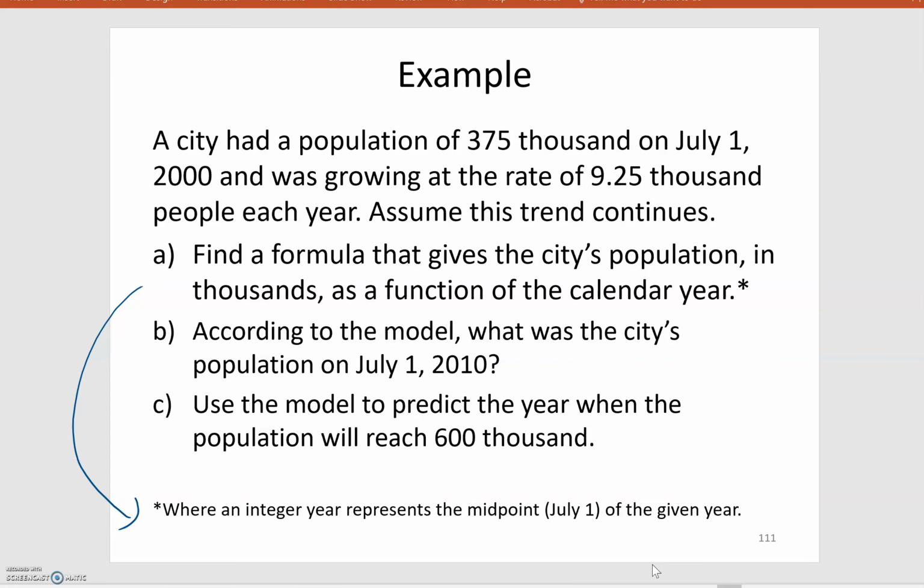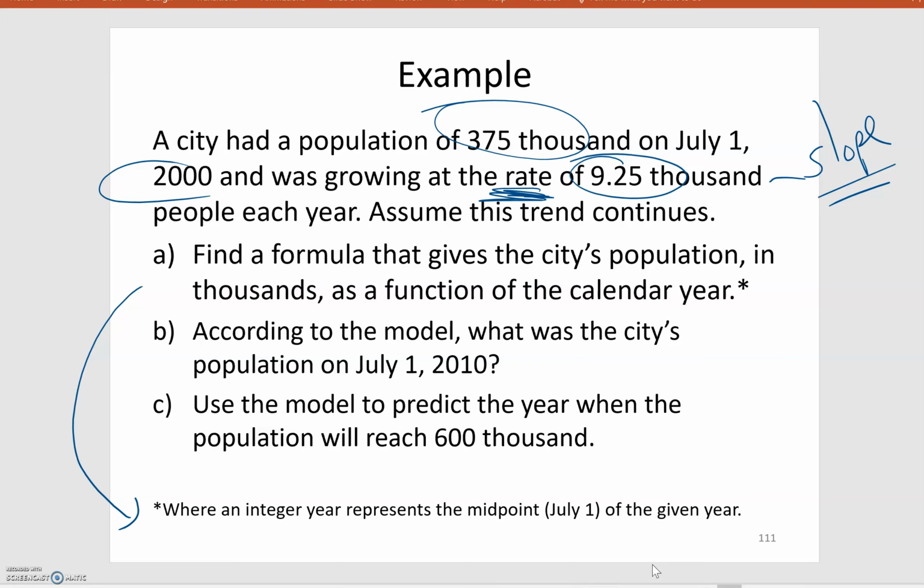So what does this mean? Well, we've got this piece of information. So what do all these things add up to? So 9.25 thousand is your change. It's your rate. So notice that that's a rate. So this is actually your slope right here.